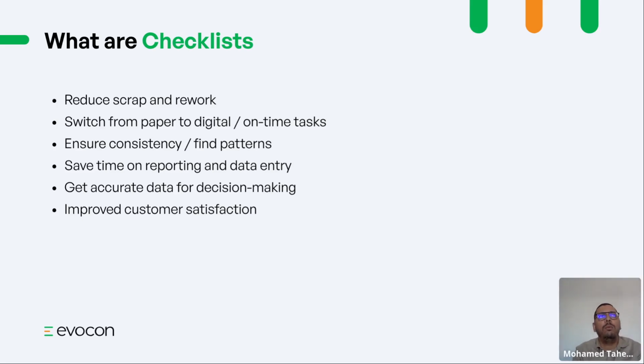Whenever you have an IoT sensor that can give us data to the checklist, or manual entry, it can be analyzed afterwards in reports to get accurate data for decision making, and also to improve customer satisfaction. I will give you some examples from customers that are using it to have traceability for customer satisfaction.